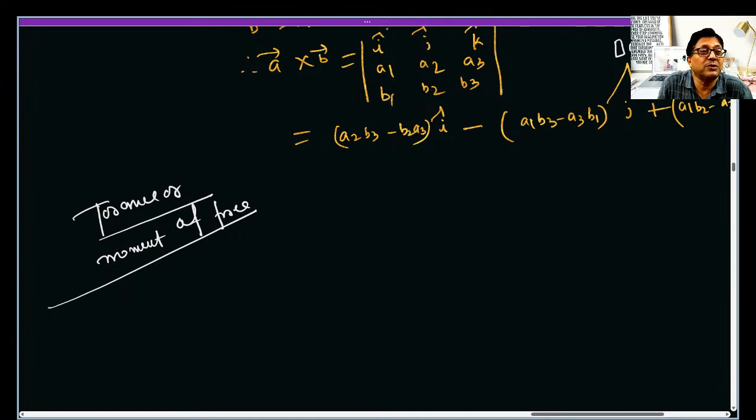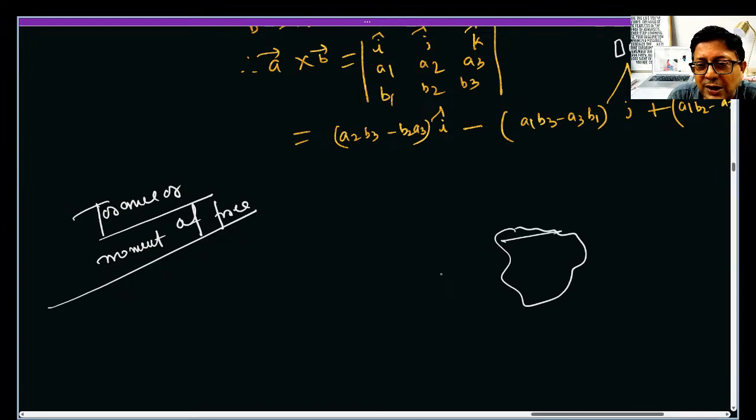Torque is the rotational effect of force. Force is definitely involved, but you cannot say that force is the factor which can rotate a rigid body. No. For rotation, torque is required. So we must know what is torque of force. Let us take a rigid body. Imagine there is a rigid body like this.